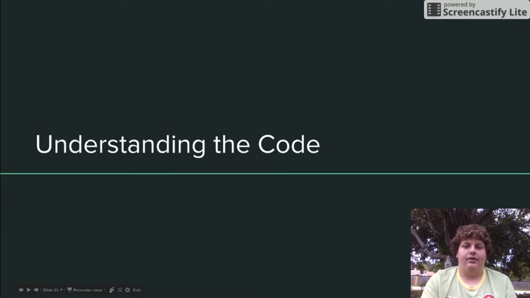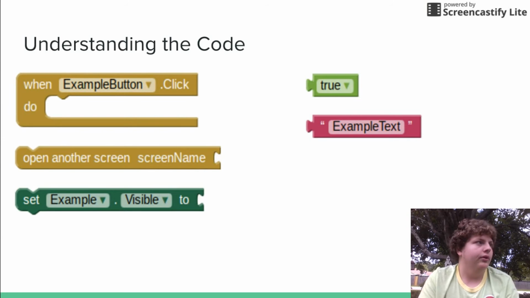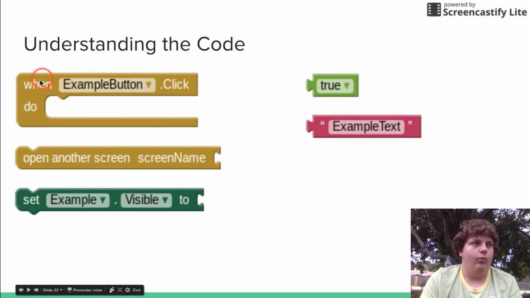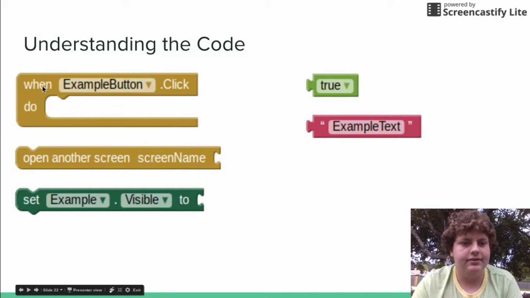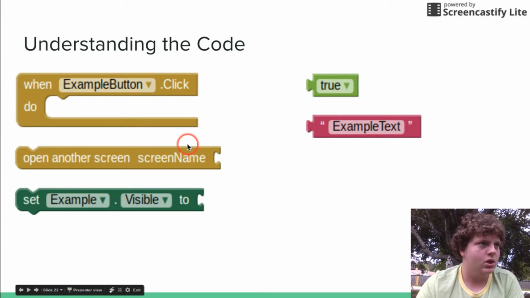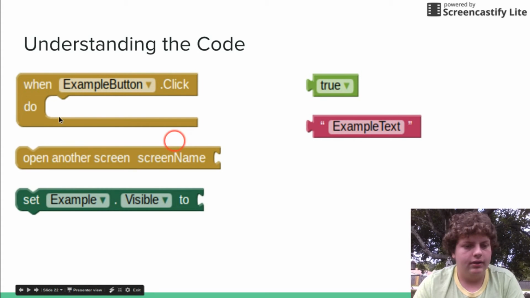So understanding the code, as I said, I would talk about the code more. So when blocks of code are basically the same thing as if statements in BlueJ, and these two things here are like command statements, which are ruled by whatever you plug into the site over here.